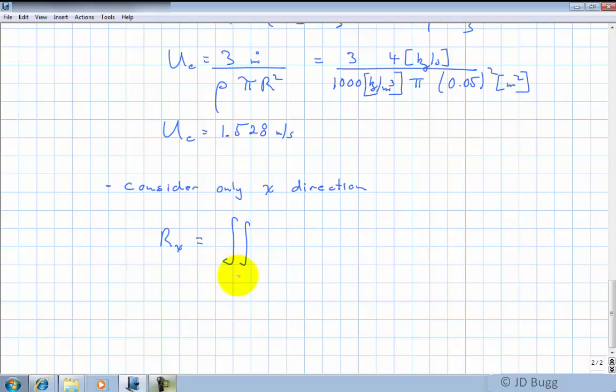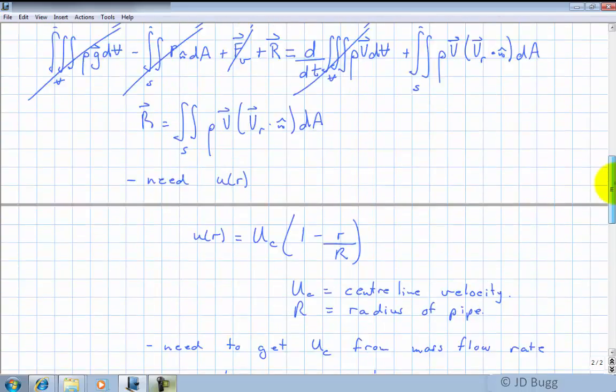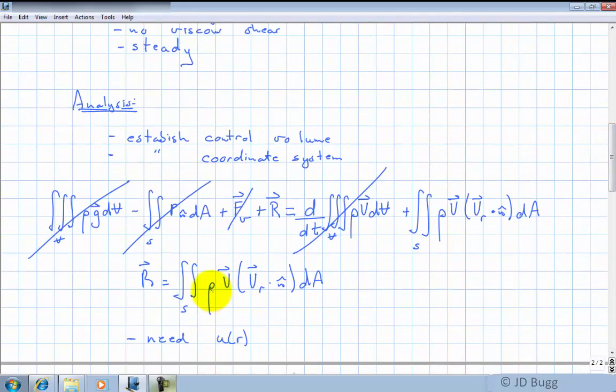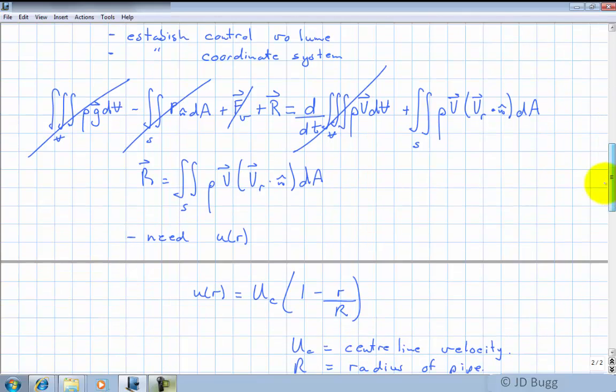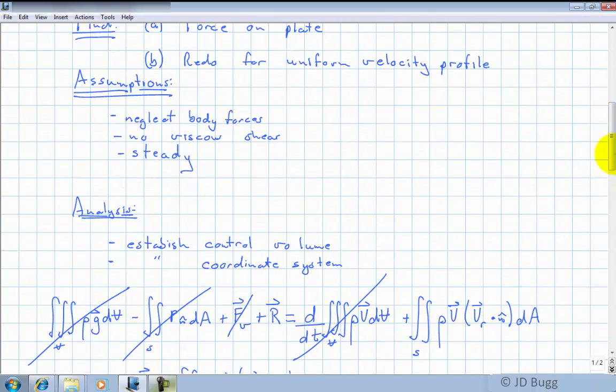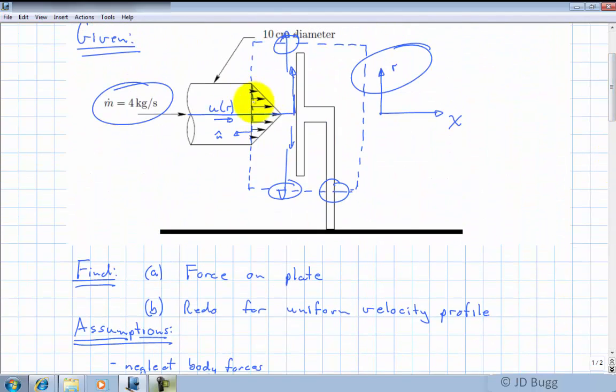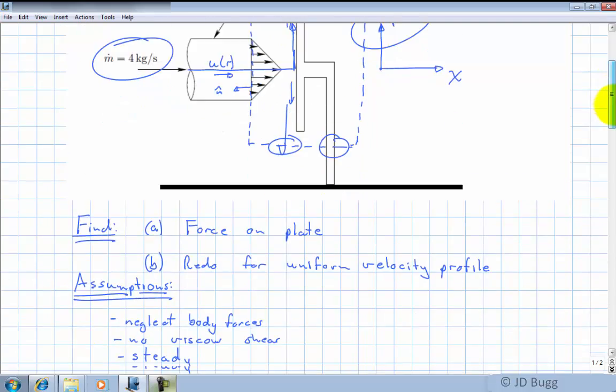So we have an integral over the surface of density. Now, here's where I want to go back and look at the general equation. Notice we have a velocity here and a V dot n here. Well, the velocity is just this, because we're looking in the x direction, and that is purely in the x direction if we look at our diagram. So that's just in the x direction.